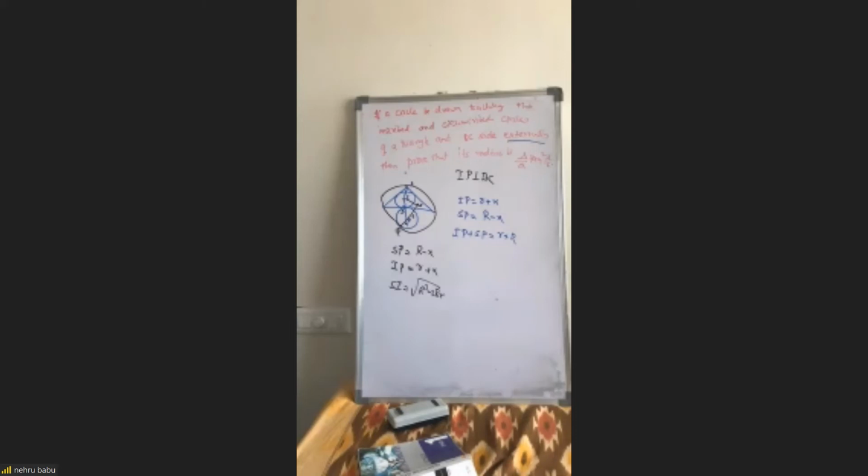Yes, sir. So from this diagram, we have to think. Till now, if you observe, I didn't use the BC tangent. So here you have to think how to use that BC tangent here.